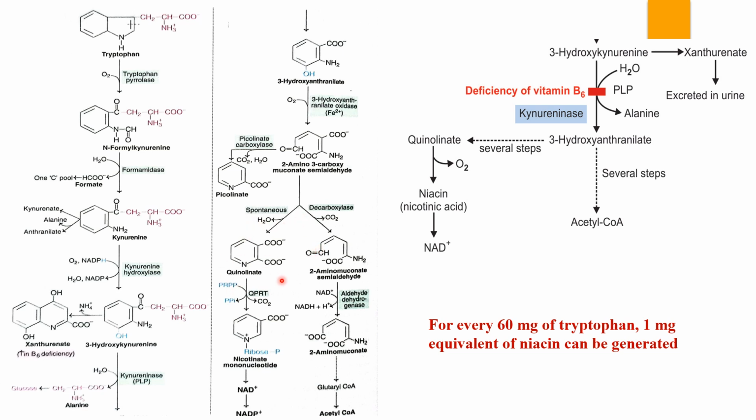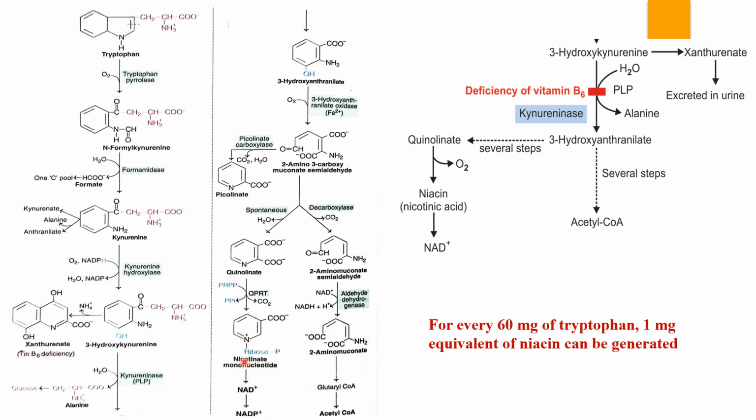So there is a recyclization of the uncyclized molecule. Then this quinolinate further via the PRPP pathway can lead to the synthesis of ribose 5-phosphate nicotinate mononucleotide, which is NAD and responsible for the synthesis of NADP.